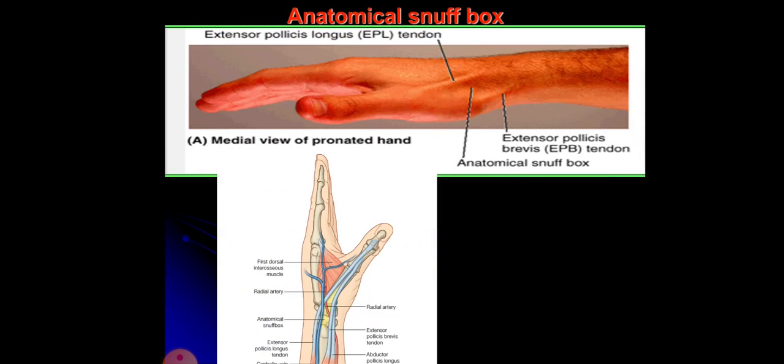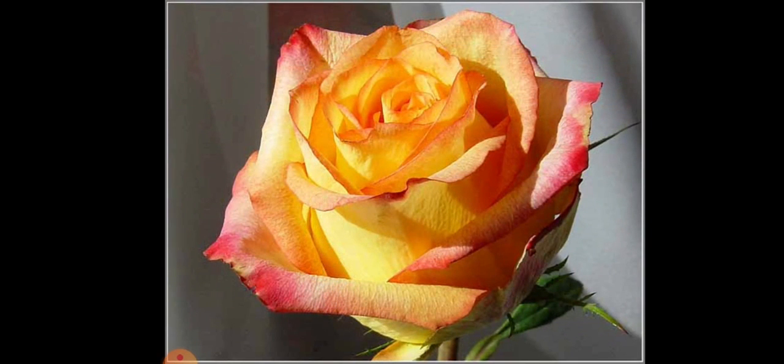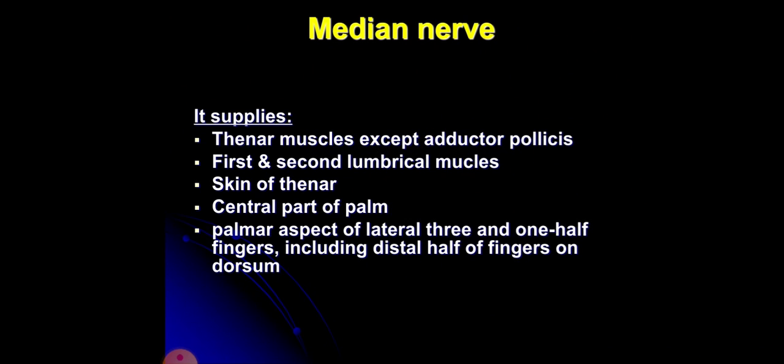We already described the anatomical snuffbox with the muscles of the posterior compartment of the forearm. Let's move to the nerves.